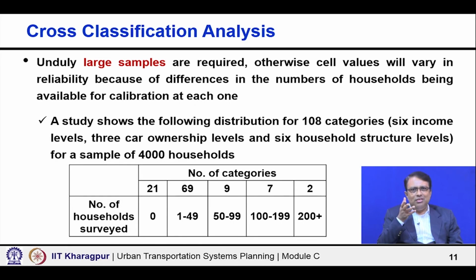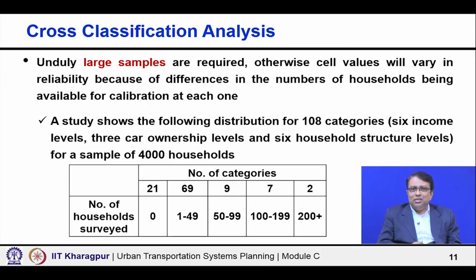So, 6 into 3, 18, into 6 household structure levels, that means 108 categories. Income, car ownership and household structure: one case 6 levels, another case 3 levels, another again 6 levels. So, 108 categories, 4,000 household data.